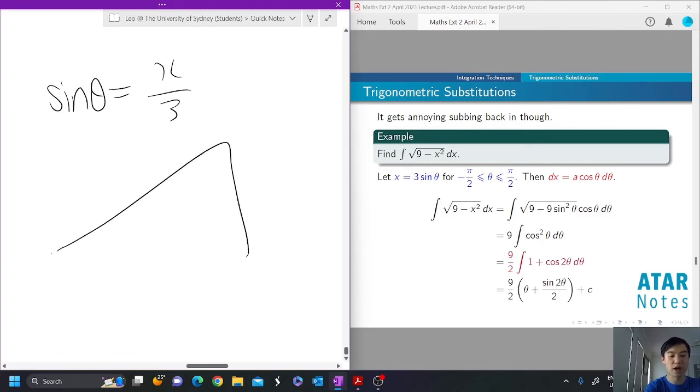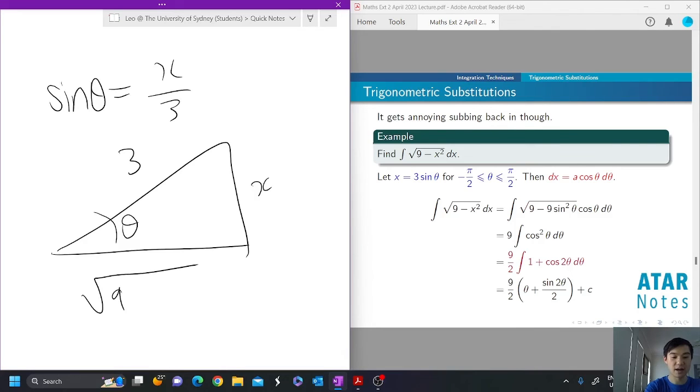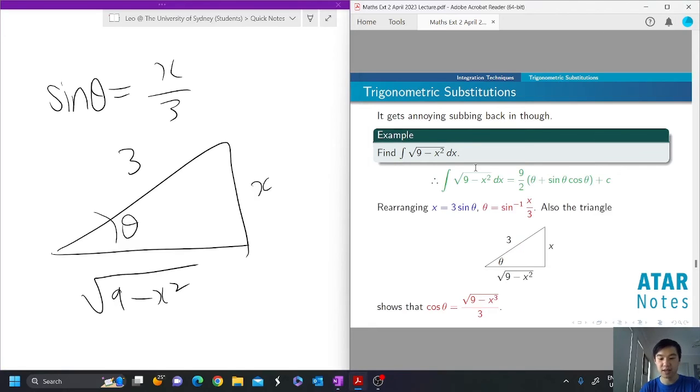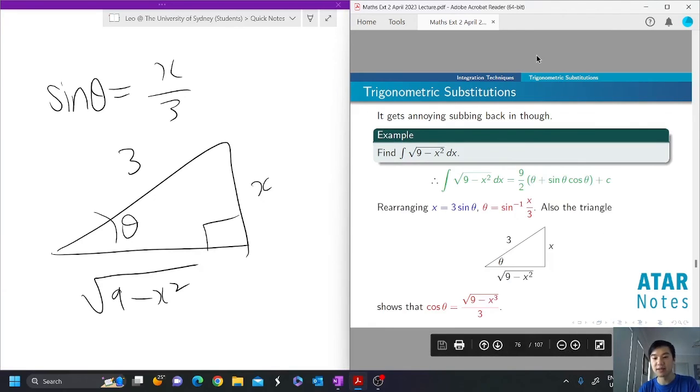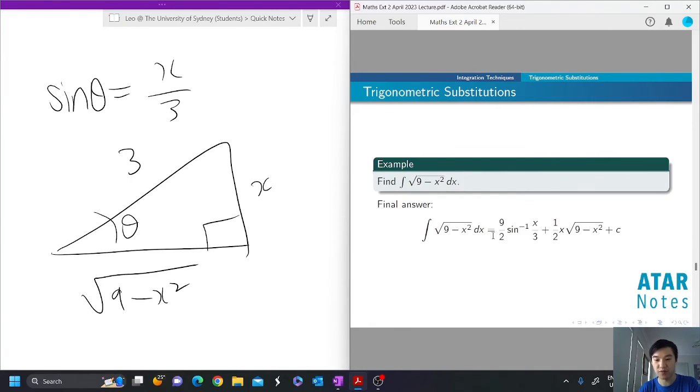So you would just draw a triangle like this, where sine is opposite over hypotenuse. So this side is going to be root 9 minus x squared using Pythagoras. So therefore, when you get your final integral, remember with the sine squared, that is double angle. You can use the double angle formula, and then you can find a value for sine and cos. So therefore, your final answer is going to be this result, like so.